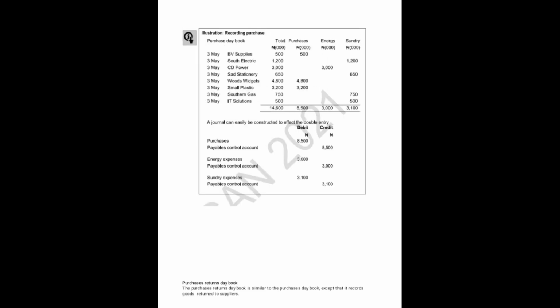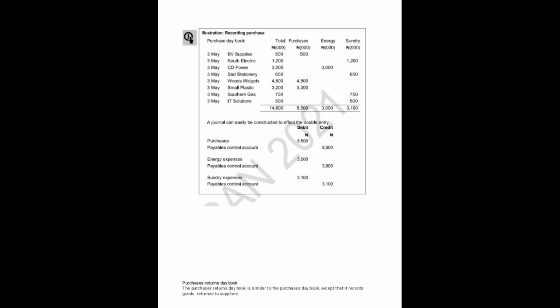This is a diagram showing an overview of this system together with the sales and cash system at the end of this chapter. As we can see there, we have some petty expenses which have been recorded in the purchases daybook.